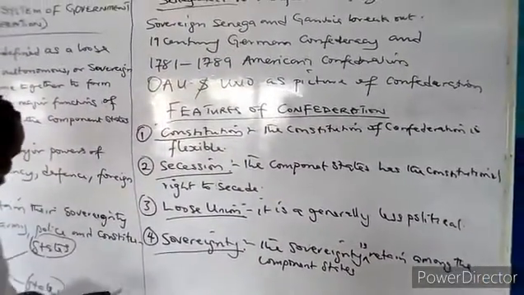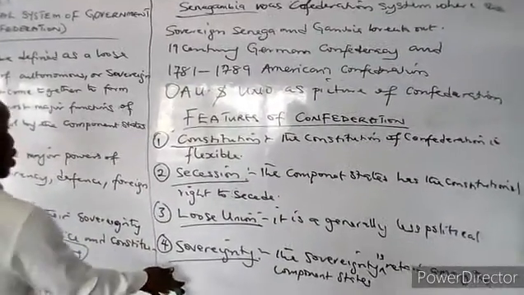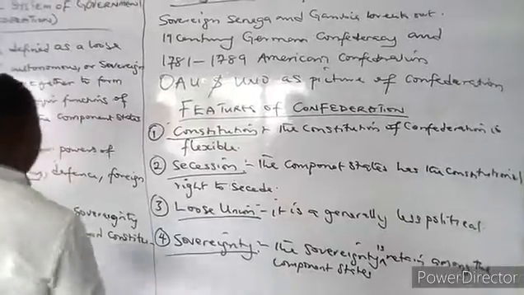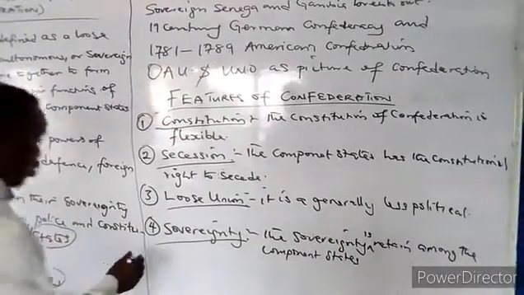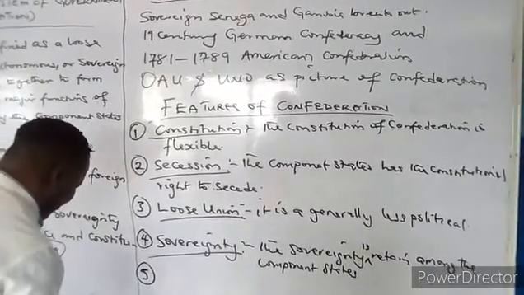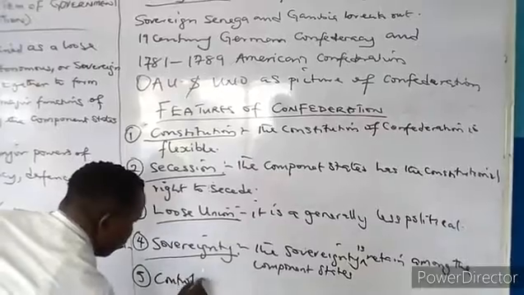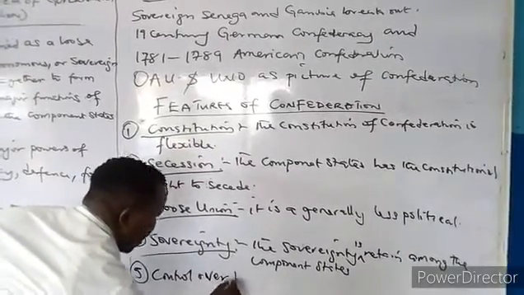Because of time, you can bring out the rest from the definition. Number five, control over internal affairs.